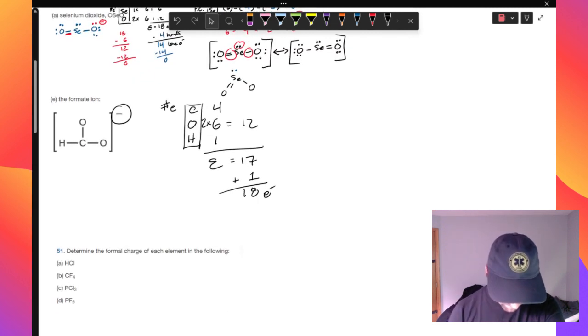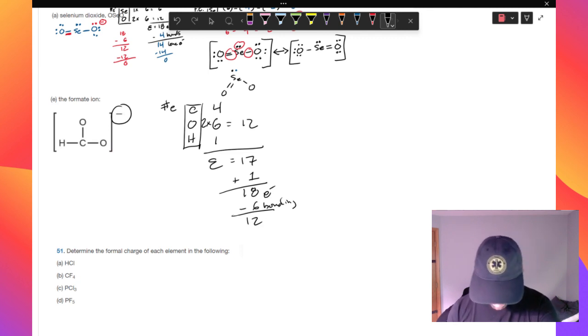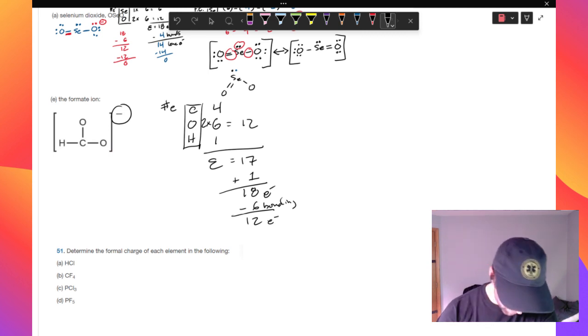Okay. It appears that we have 6 bonding electrons, gets us down to 12. And now we have to account for those as lone pairs.